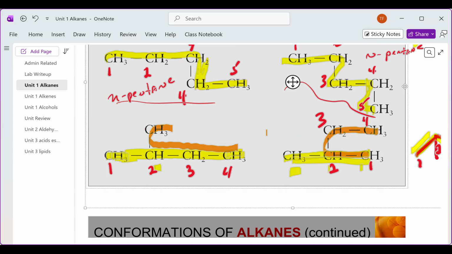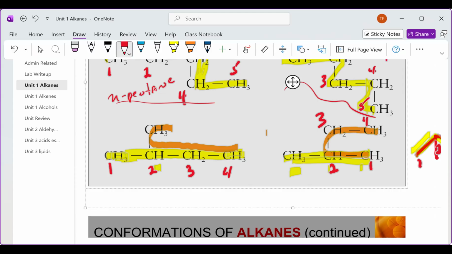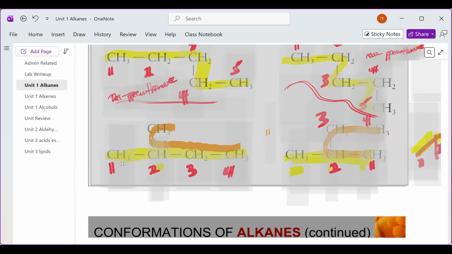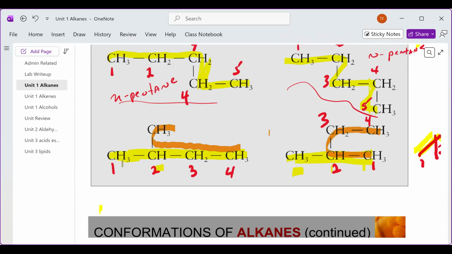Here we go. And to get to this one, I've got to lift my stylus off the tablet to get to this one up here. Now, if we used a different color, like this orange, it's the same deal. So there are 2 ways to represent the backbone in this bottom left one. Yellow or orange, I guess, or brown.